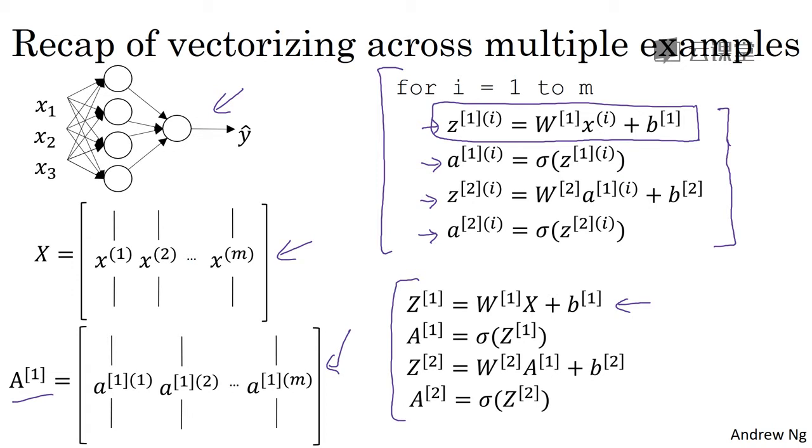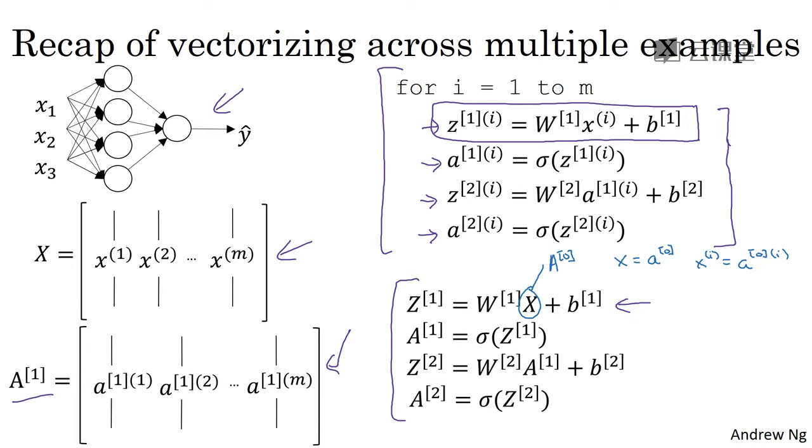And just as a reminder, because x is also equal to A0, because you remember that the input feature vector x was equal to A0, so xi equals A0i, right?